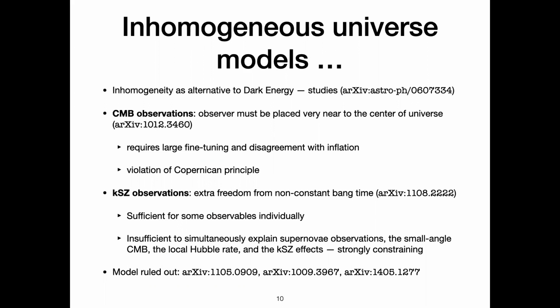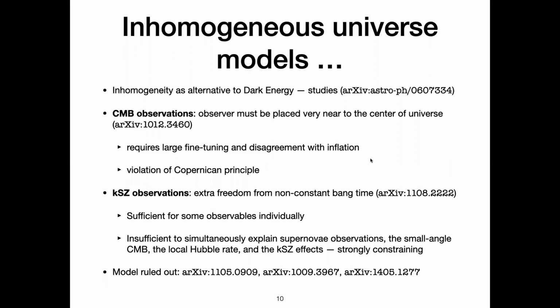And the prediction that the observer must be placed very near to the center of the universe means that the higher order anisotropies, higher order than dipoles, are not in agreement with the CMB intrinsic anisotropies. Maybe you mean something else by your question.